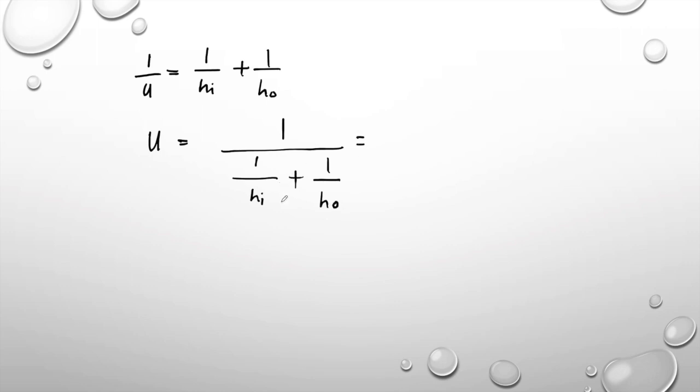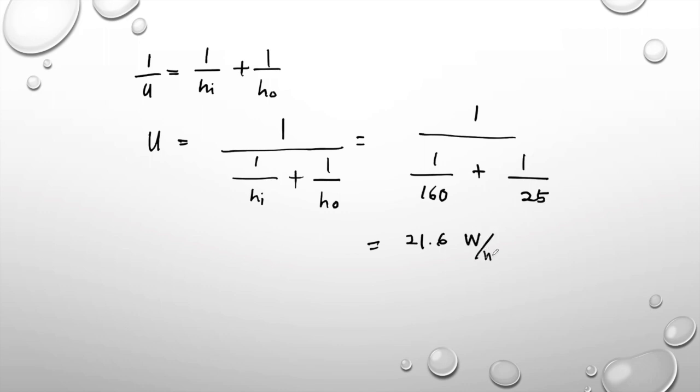Substitute all the values given in the question, and you will get 1 over (1/160 plus 1/25). So this value is 21.6 watt per meter square Kelvin. This is your overall heat transfer coefficient.